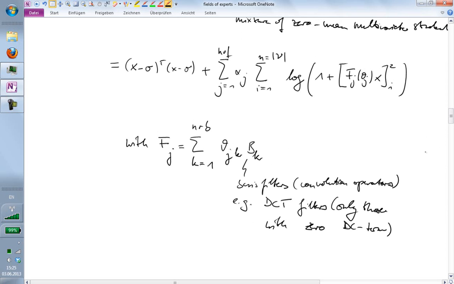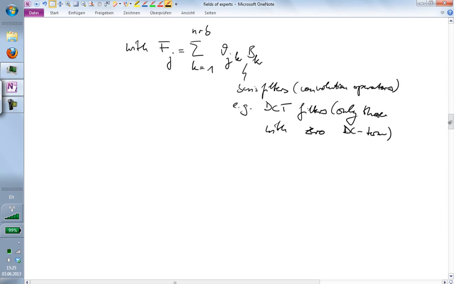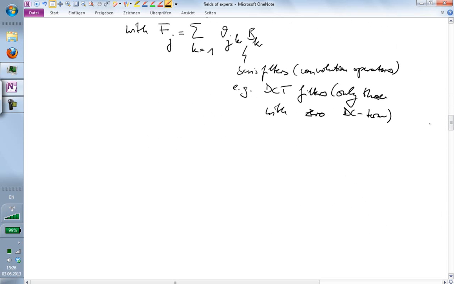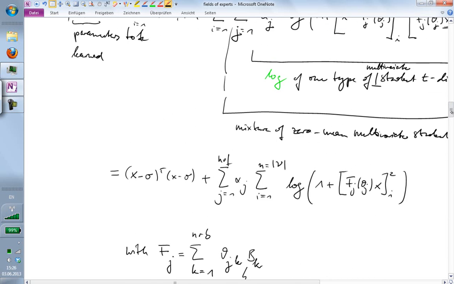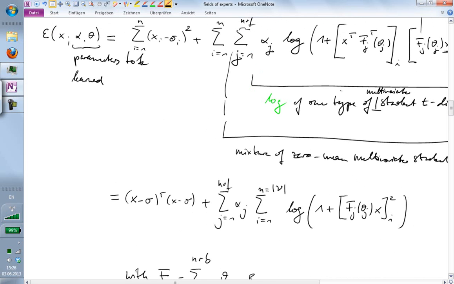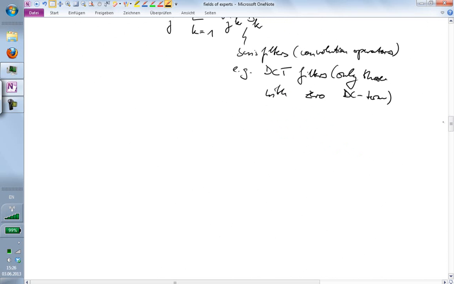So what do we have overall? By the way, there are several choices, and this mixture of multivariate student t is just one choice. I'll give you another one in a few minutes. But stepping back a little, for a Gaussian Markov random field, we use a parabola. And for a field of experts, we use some kind of robust potential.